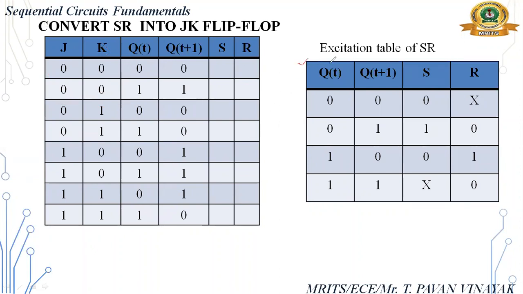Now what do we have to do? Compare this Q(t) and Q(t+1) and write the values of SR here. So here what are Q(t) and Q(t+1)? In the first row, 0 0.